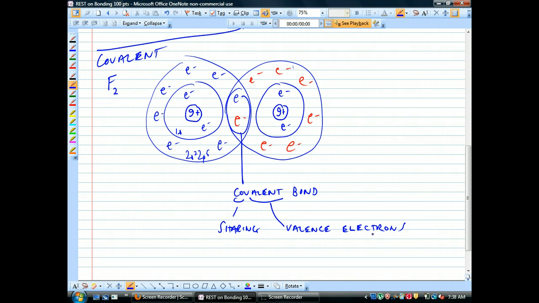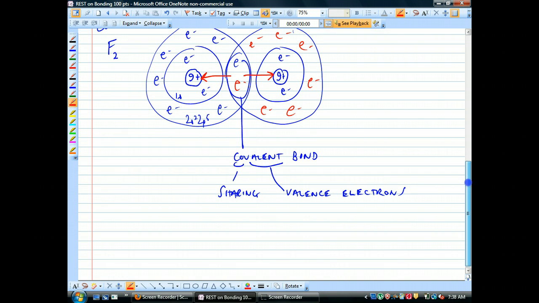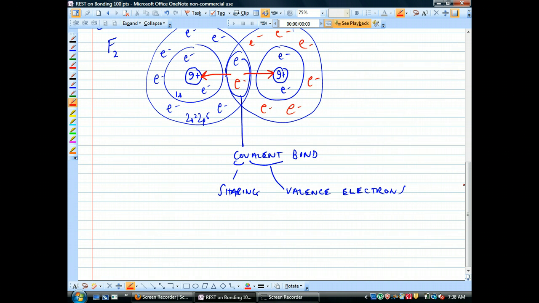And then they are held together because the 2 nuclei are both attracted to those electrons. So I guess I could try to draw this in here. There's going to be an attraction to both of those nuclei from those electrons that they're sharing. It's as if those two electrons are part of both atoms' outer shells. The atoms feel like those electrons are theirs, both atoms.